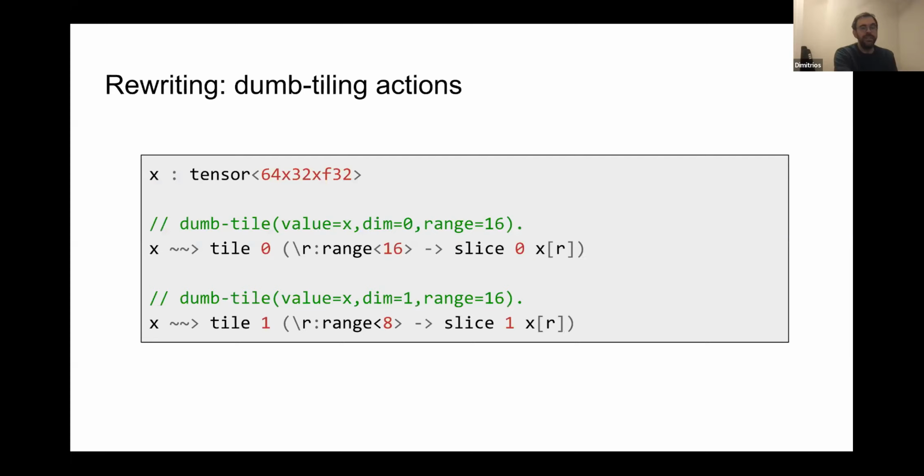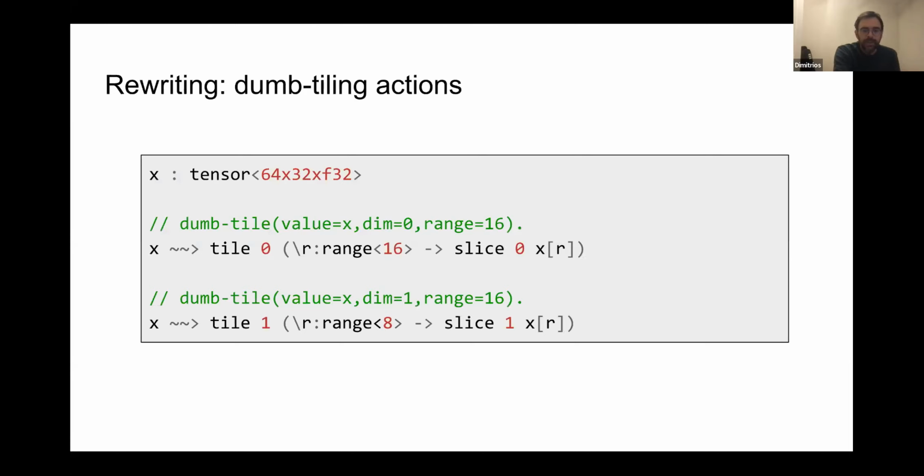So if I see an SSA value, or a value X, I can always rewrite it as a tile along a dimension, where inside the loop I can slice on the existing dimension. So basically it says a tensor is really equal to the concatenation of chunks of slices of this tensor on the same dimension.